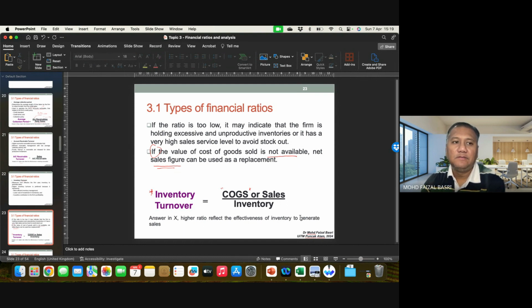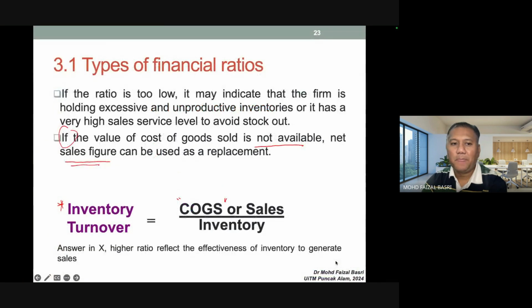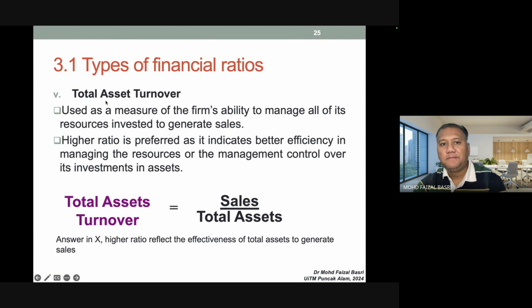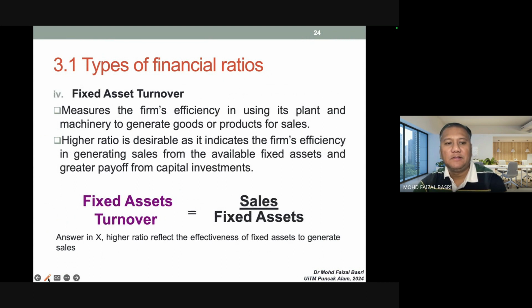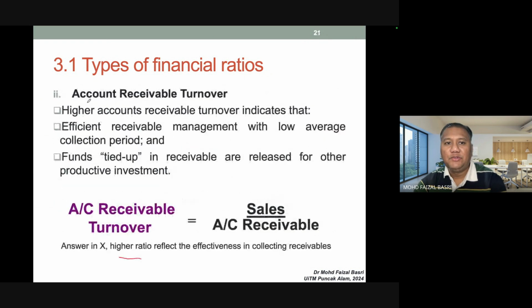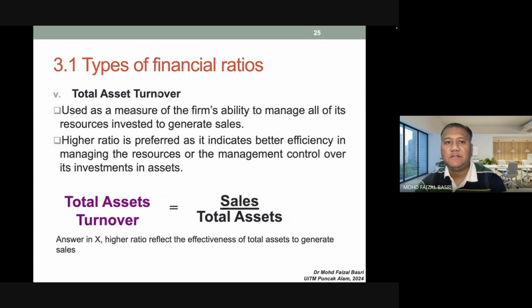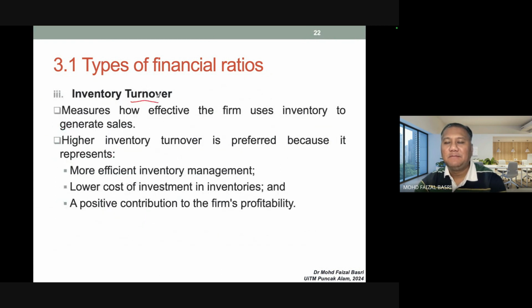Okay, so that's the third ratio. Kita ada ACP, average collection period, lepas tu ada account receivable turnover, and then we have inventory turnover. So we left with two more turnovers. Kita ada fixed asset turnover and total asset turnover. Alright, so I lupa nak beritahu tadi ataupun highlight to you. Based on the name of the ratio, macam ni lah account receivable, inventory turnover, fixed asset turnover dengan total asset turnover, sama macam formula yang earlier tadi.